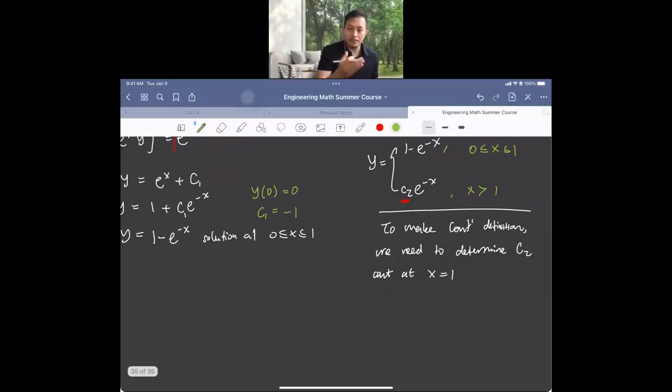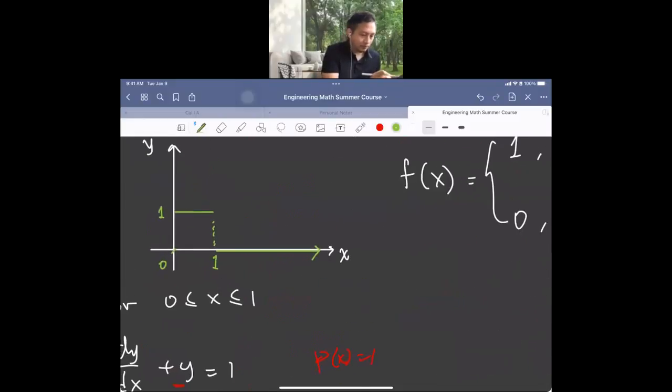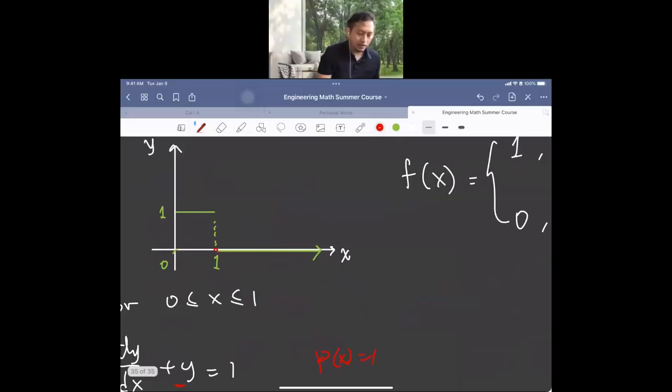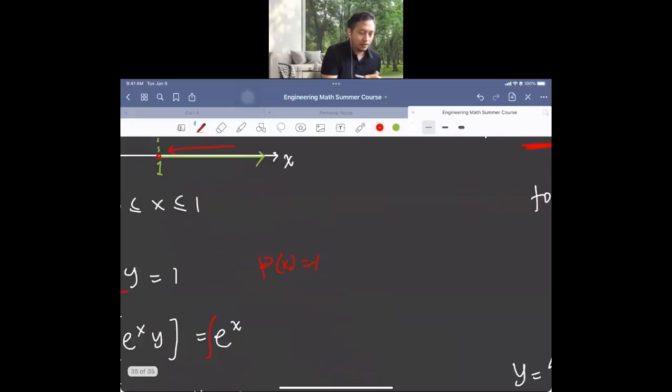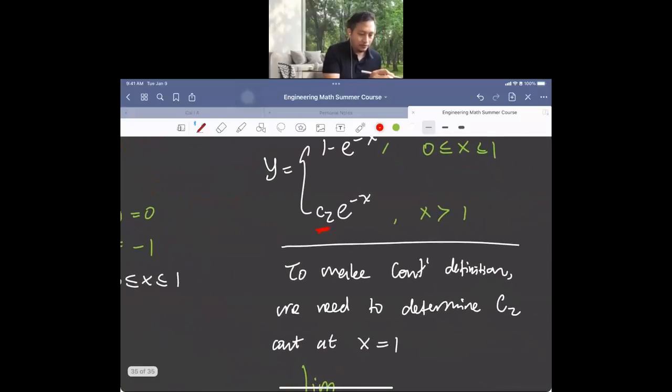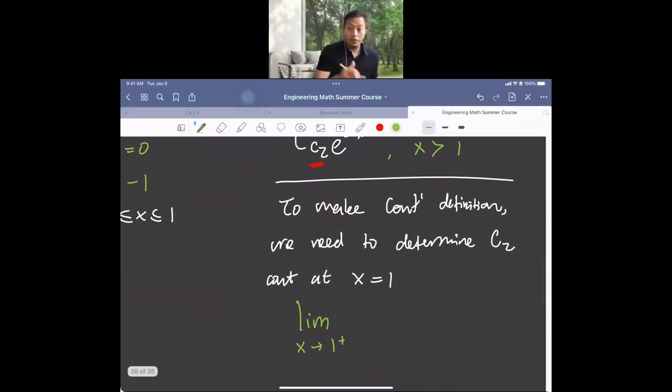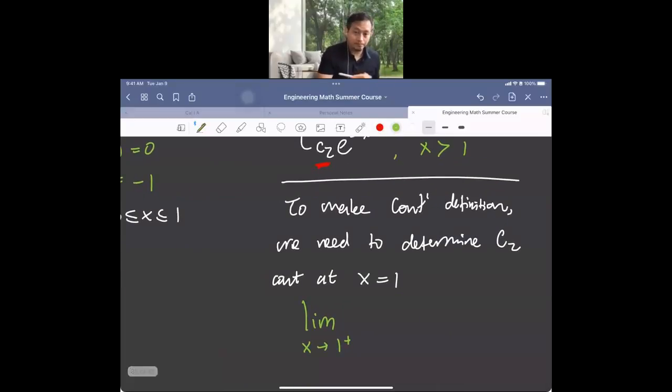So the requirement, how to make it happen, is we take the limit as x approaches 1 from the right. It's an open interval, so we approach 1 from the right of our y of x.